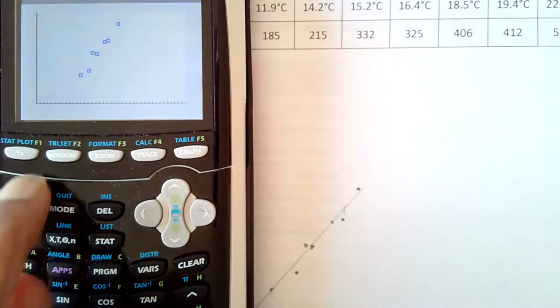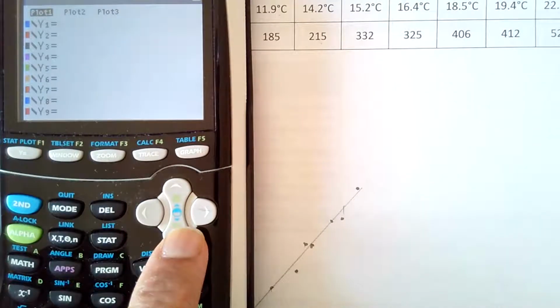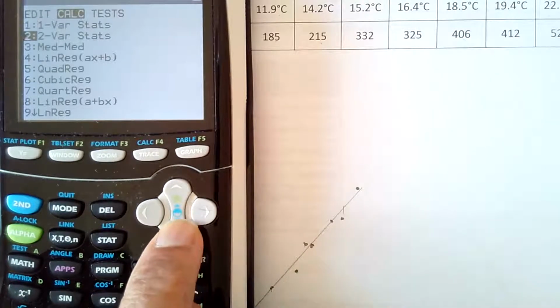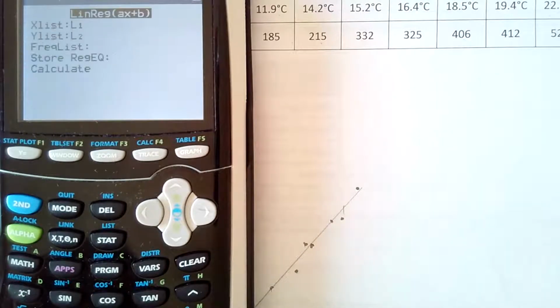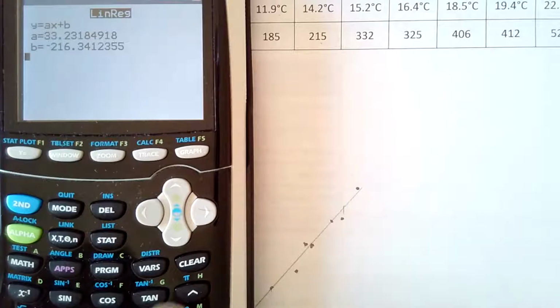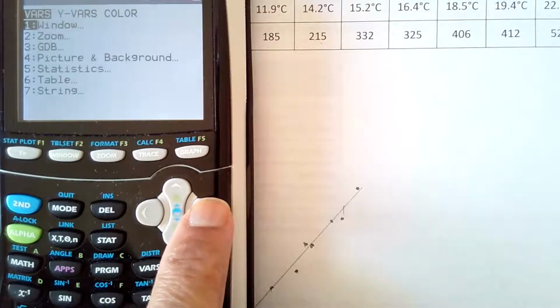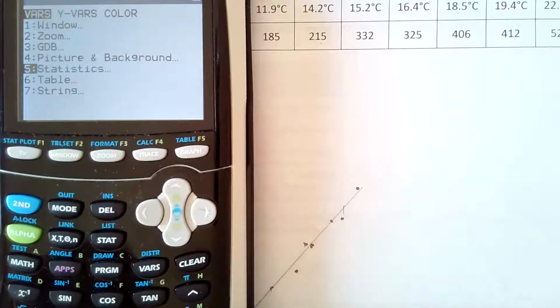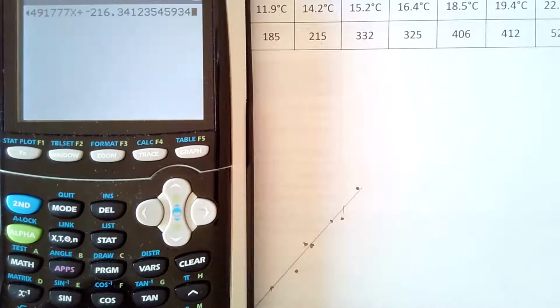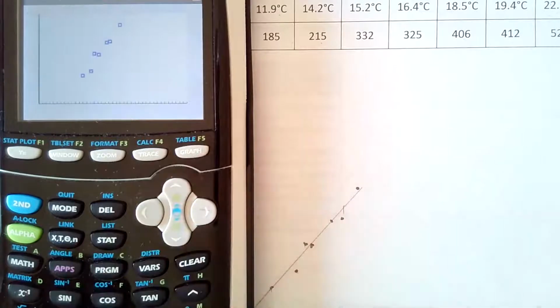Now I want to find my equation. So I press my Y equal button, go to Stat, go to Calc, go to Linear Regression, press Enter. Now that's my linear regression. Press the Vars button, go to Stats, EQ, and that gives you your equation, and press Graph.